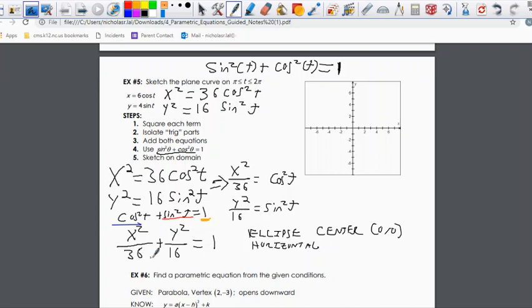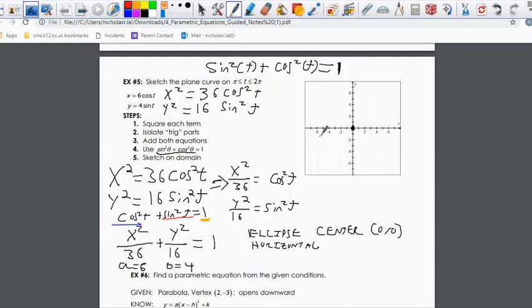All right, and for a major axis, if our center is 0, 0, 36 is equal to a squared, which means a is equal to 6, and 16 is equal to b squared, so b is equal to 4.